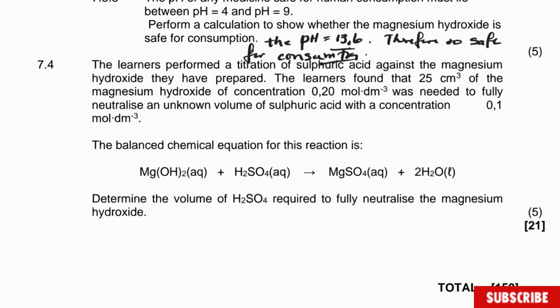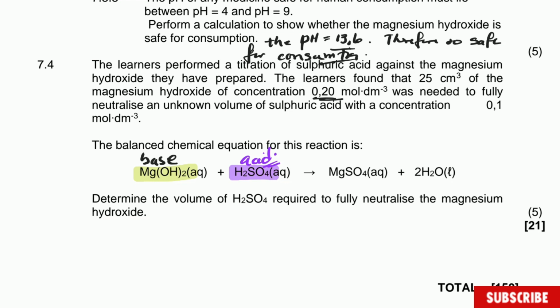The learners found that 25 cubic centimeters of the magnesium hydroxide of concentration 0.2 mole per cubic decimeter, the one we calculated, guys, was needed to fully neutralize an unknown volume of sulfuric acid with a concentration of 0.1 mole per cubic decimeter. The balanced equation is, and we have here the magnesium hydroxide, which is the base, and we have the sulfuric acid, which is the acid.